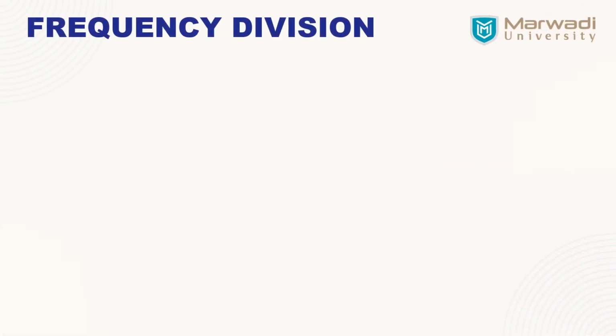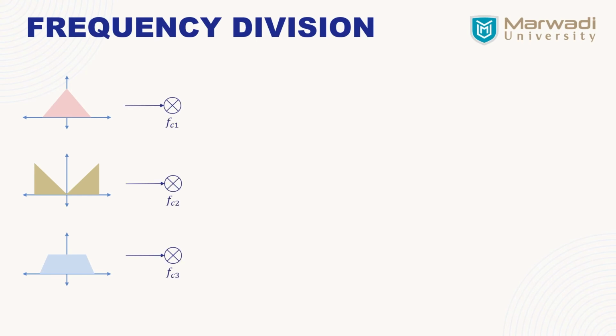First we see frequency division multiplexing. In frequency division multiplexing we get three signals, and we want to pass these three signals in one channel.